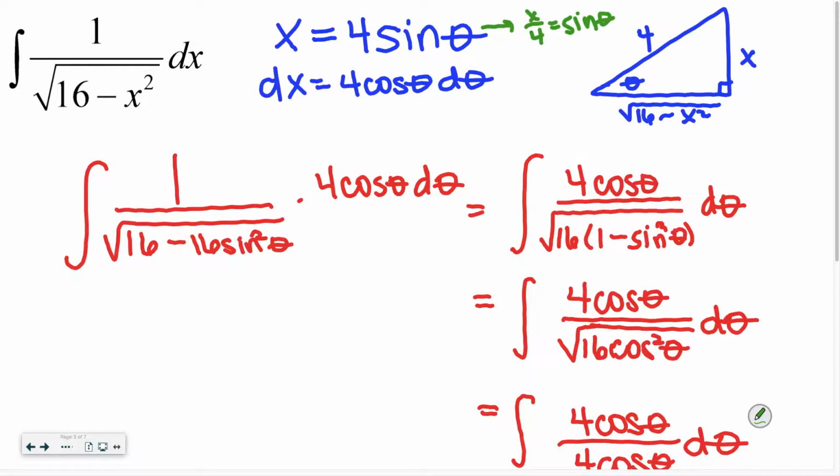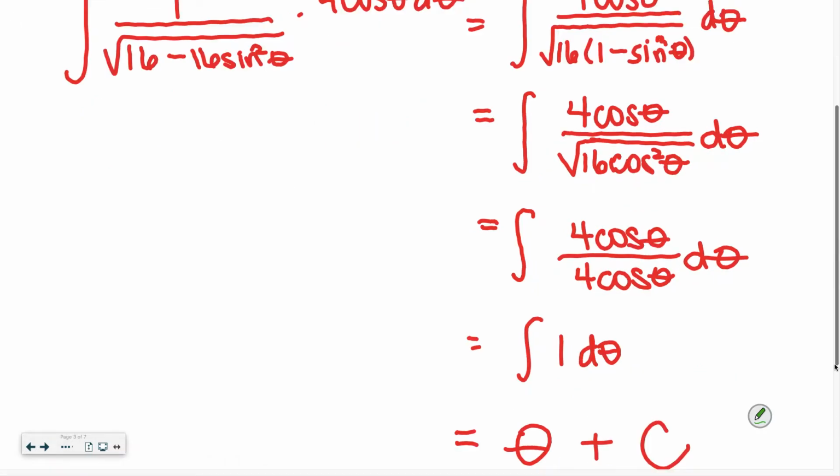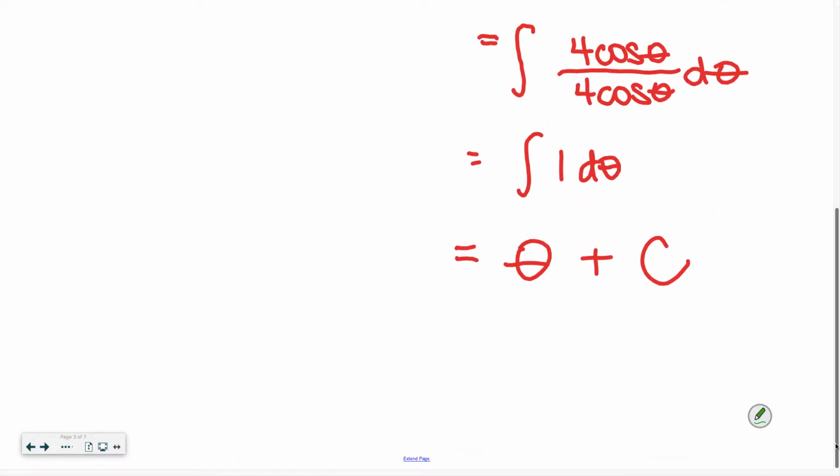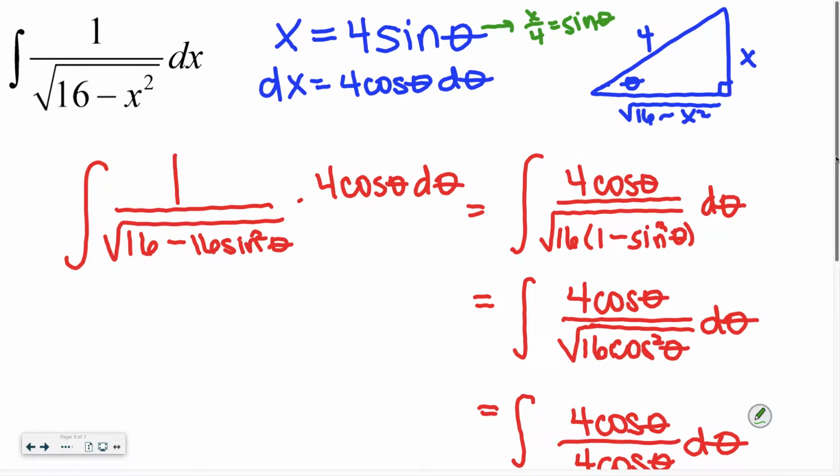It's technically true that you could choose any of them from your triangle, but what I would do is, if you have a theta in your answer, go back up to your substitution and solve that one.